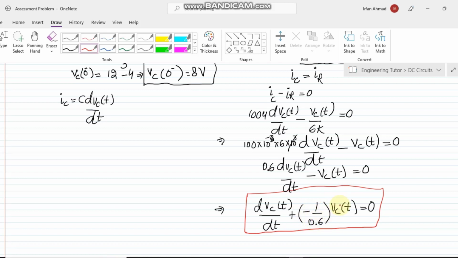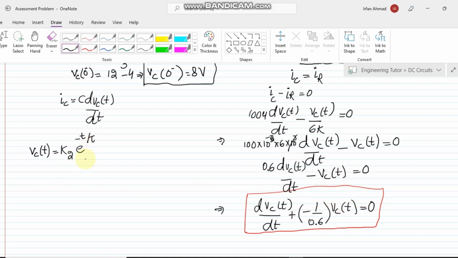And what will be the solution of this equation? The solution here will be VC(t) equal to K2 exponential of minus t over tau. And as this is the homogeneous equation, no forcing function is here, because no voltage source was present in the loop which we were analyzing.